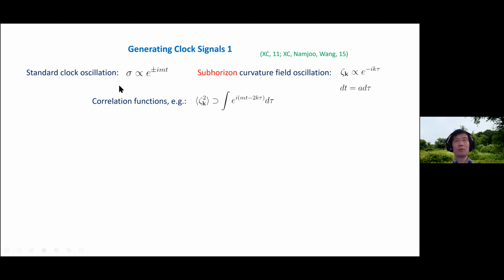If you have some oscillations like standard clocks, either classical or quantum, and you also, on the other hand, have fluctuations coming from the curvature field, and those curvature fluctuations have a very simple behavior when the wave number is subhorizon. Basically, it's also harmonic, but in conformal time. The conformal time and the FRW time are related by the scale factor.